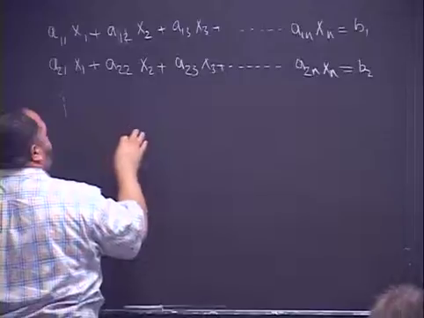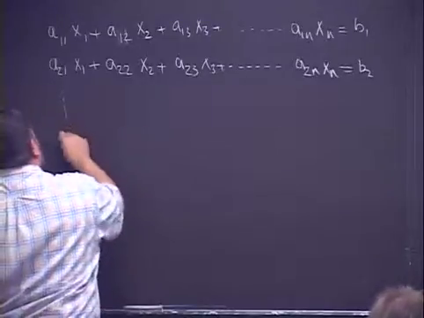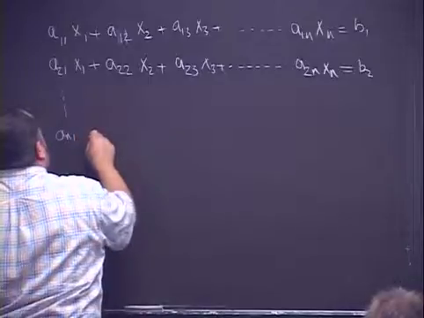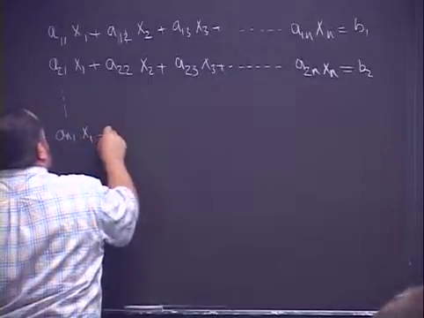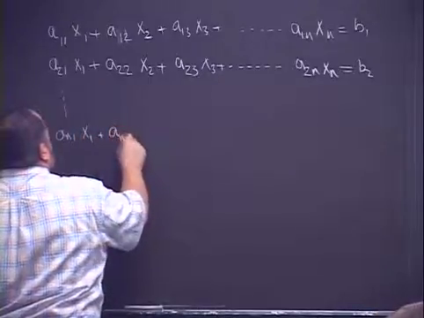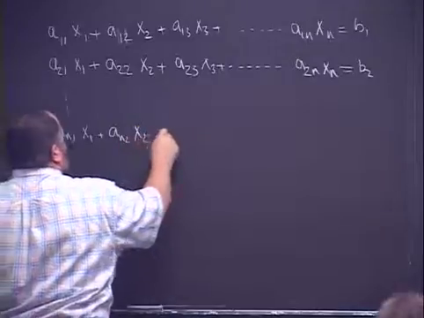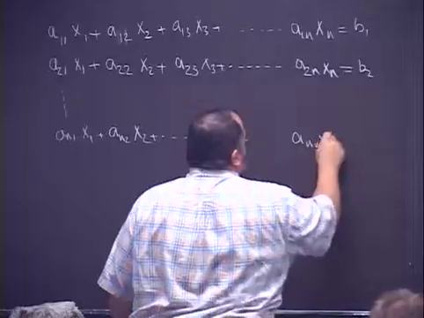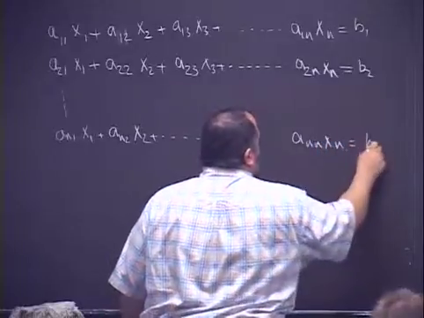The number of unknowns is equal to the number of equations. So let's say that this is an1 x1 plus an2 x2 and so on up to ann xn is equal to bn.